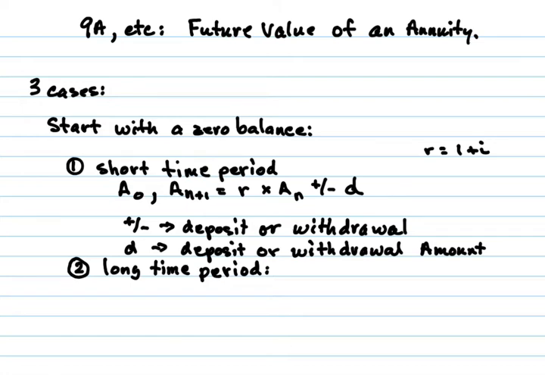We used it as part of the reducing balance formula. Future value is equal to M, which stands for either the withdrawal or the deposit, depending on what you're doing, times 1 plus I raised to the nth minus 1, all divided by I.